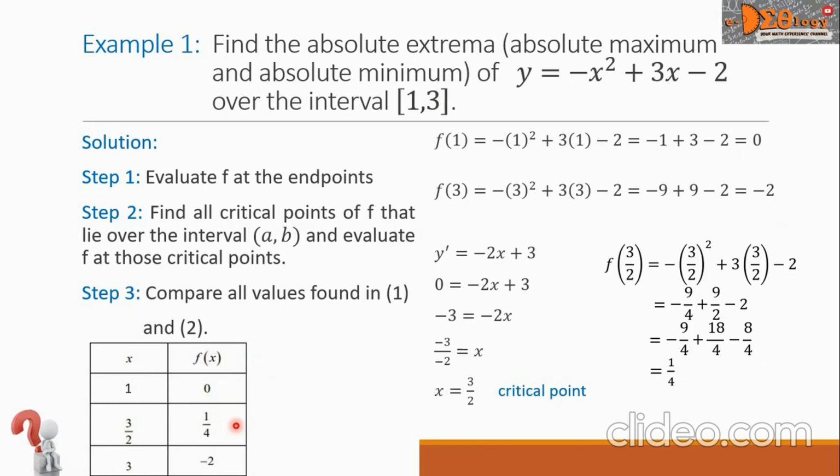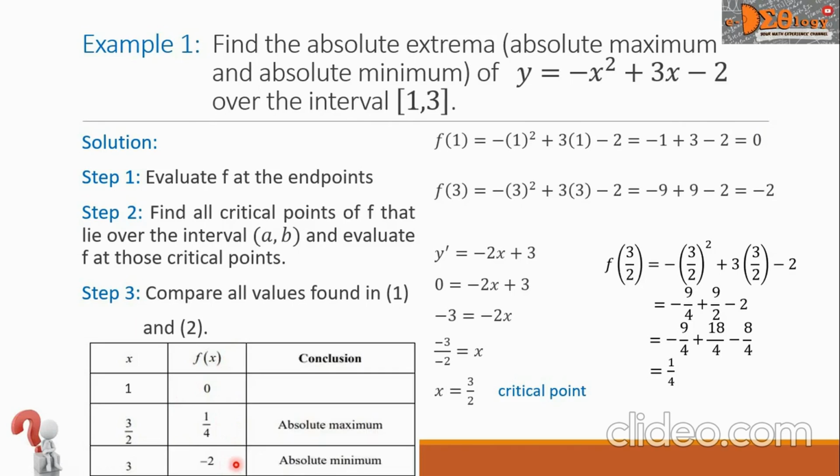Now, let us compare the values of the second column. Which one is the largest? Which one is the smallest? We can see here that the largest is the 1/4 and the smallest is the negative 2. So we write here that this 1/4 is the absolute maximum and the negative 2 is the absolute minimum.